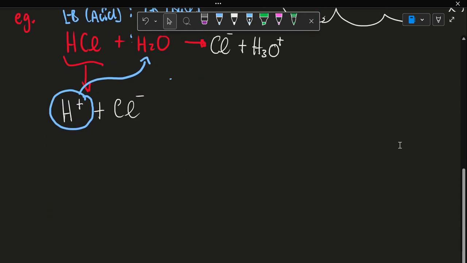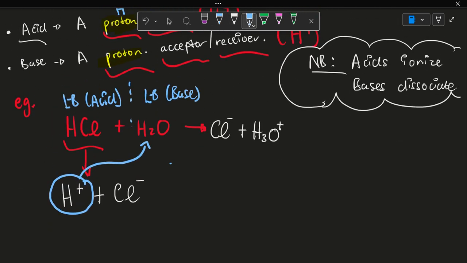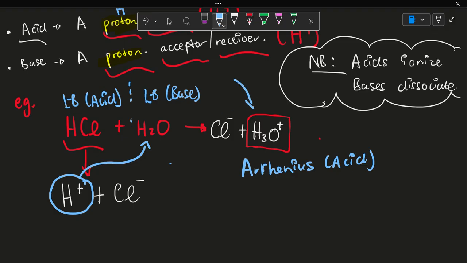So if you go back here, notice something. We have indeed produced a hydronium ion. Therefore, we are safe to say that HCl is an Arrhenius acid. Why? Because it produced a hydronium ion, and it is also a Lowry-Bronsted acid.